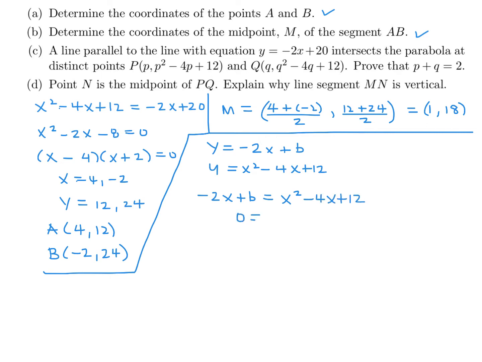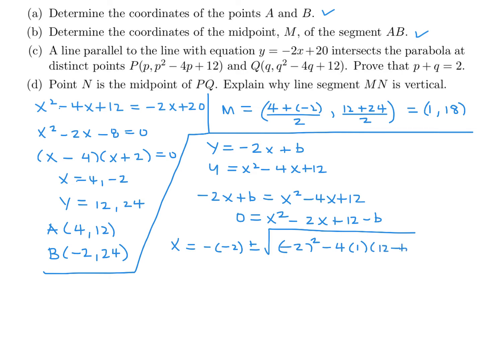Put everything on one side and get x squared minus 2x plus 12 minus b. Okay, so we're going to have to use the quadratic formula. So x is equal to minus b plus or minus the square root of b squared minus 4ac, all over 2a, which is 1.